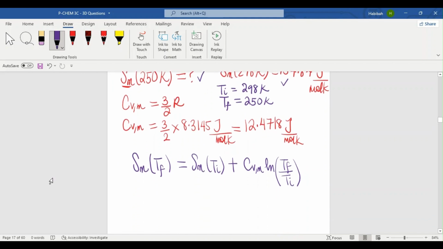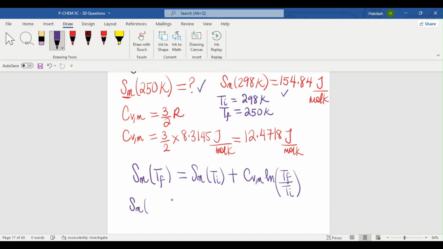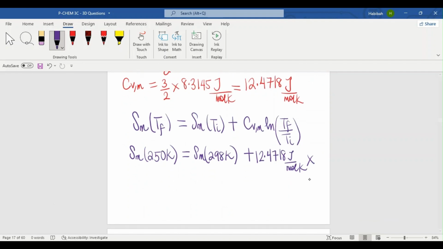So we're now basically going to substitute. The molar entropy at the final temperature, 250 Kelvin, which is what we're looking for, is equal to the molar entropy at the initial temperature, 298 Kelvin, plus, doing the first substitution, C_V,M, which is 12.4718 joule per mole Kelvin, times ln of T final divided by T initial.